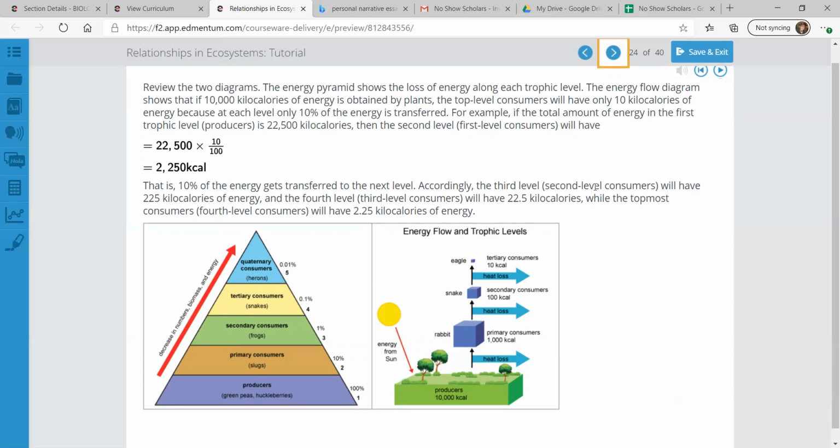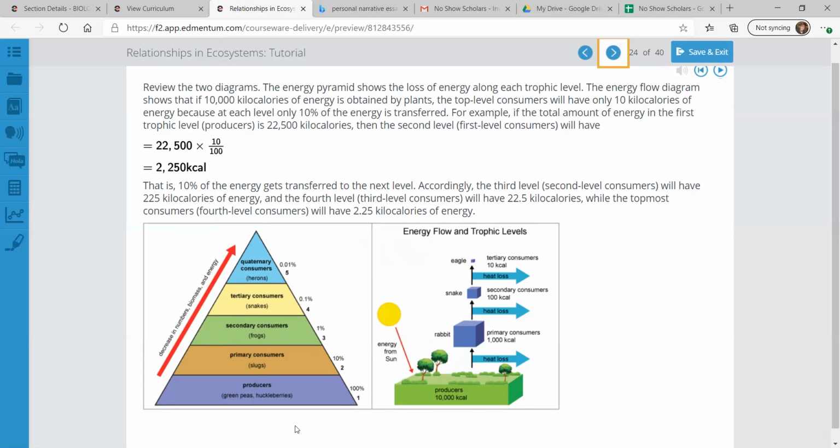According to the third level, or the second level consumers, that's 10% of that, which is only 225 kilocalories. And the next level will have 22.5 kilocalories, while the topmost consumer, fourth level consumer, will have 2.25 kilocalories of energy.